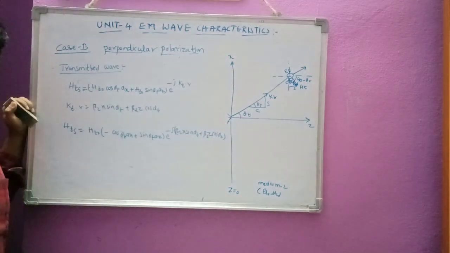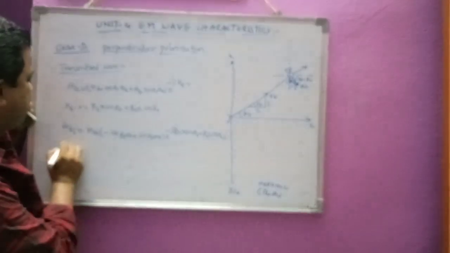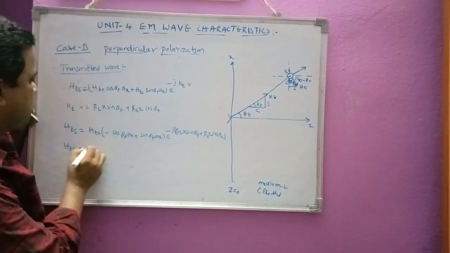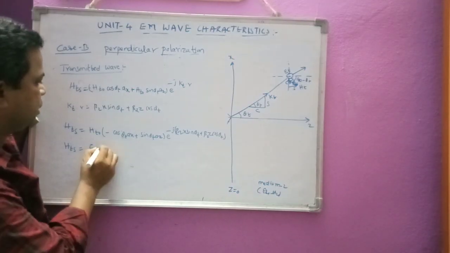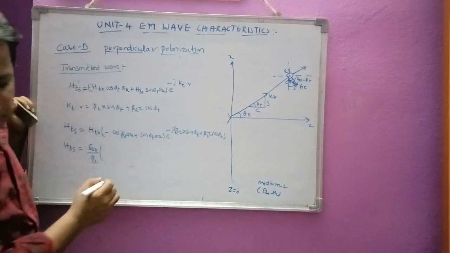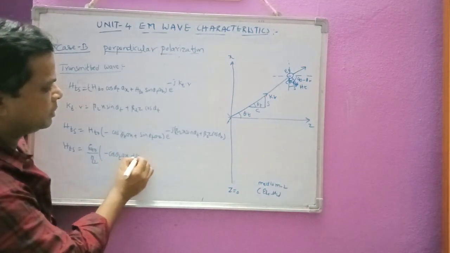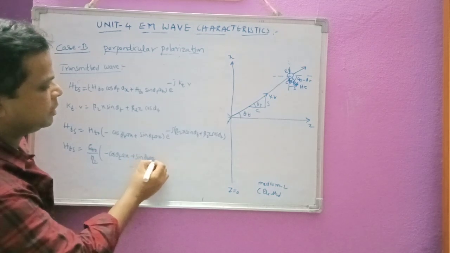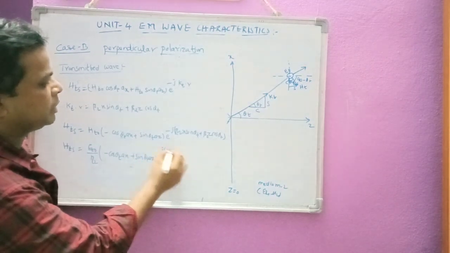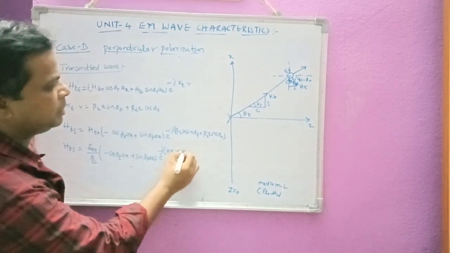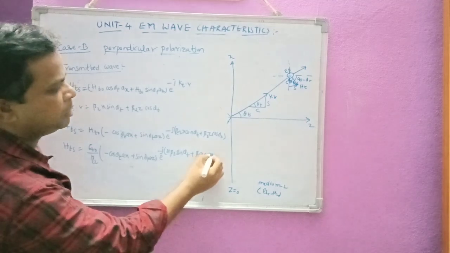Now HT naught can be expressed in terms of ET naught by eta 2. I can write HTS is equal to ET naught by eta 2 into minus cos theta t ax plus sin theta t az into e power minus j beta 2 x sin theta t plus beta 2 z cos theta t.